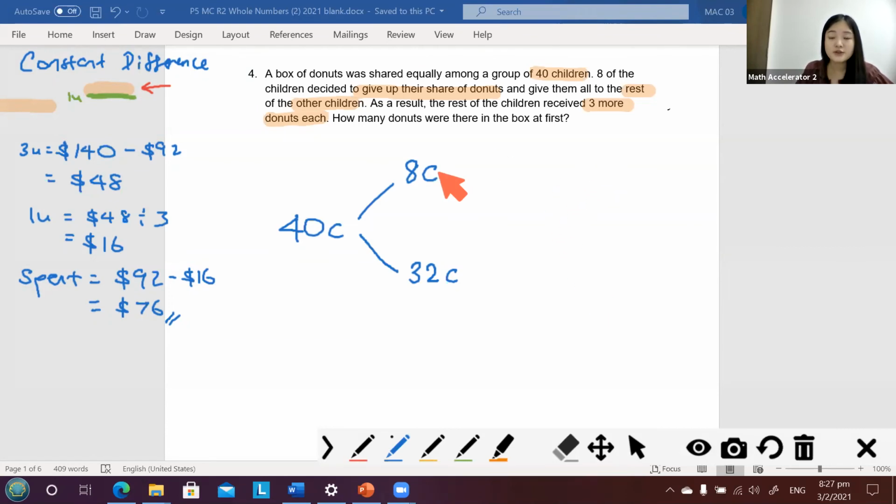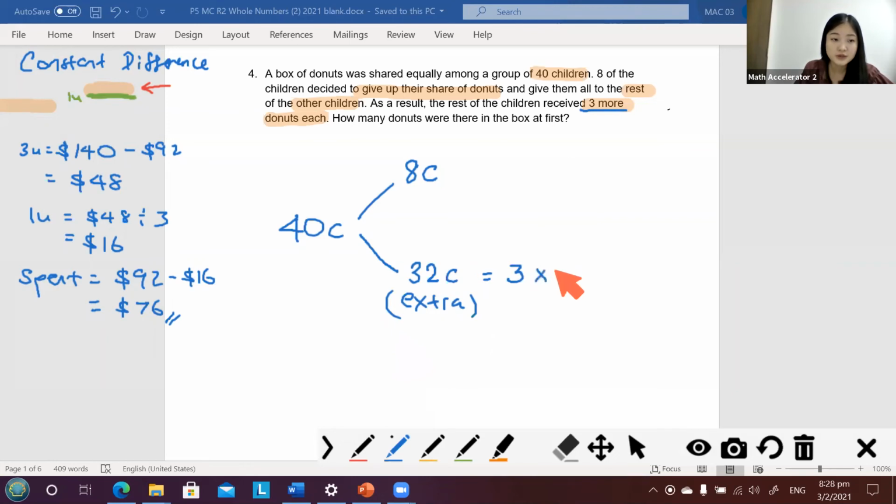If these 8 children don't want their donuts anymore and they give them all to the 32 children here, they will have extra. So what's the total extra that they will get? Each of them receives 3 more.